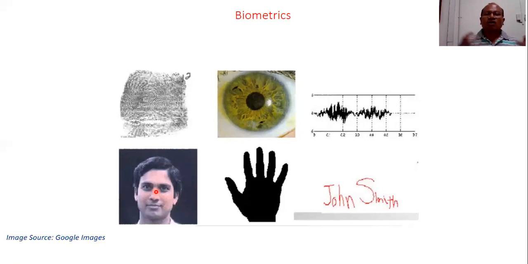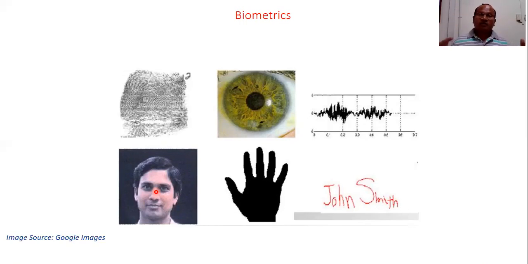The person is recognized on the basis of either fingerprint matching, iris matching, speaker identification, voice matching, signature pattern matching, entire palm pattern matching, or on the basis of our own faces. So these are different biometrics. All these biometrics have their own pros and cons.